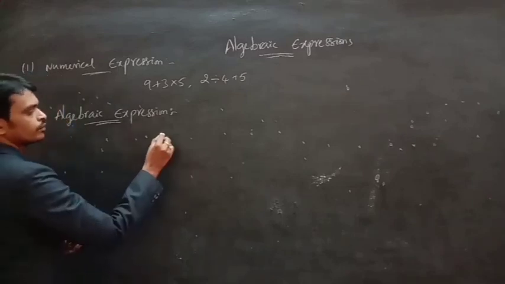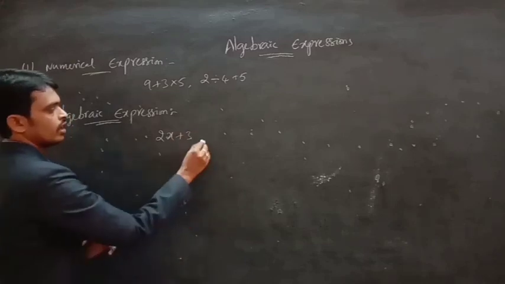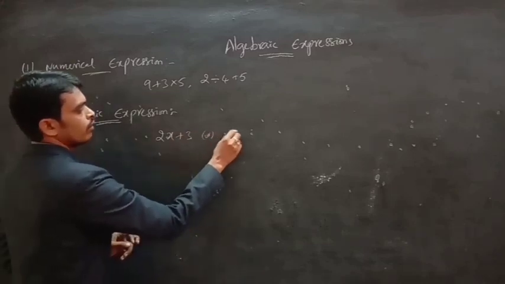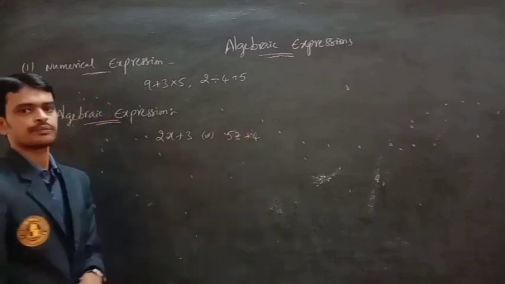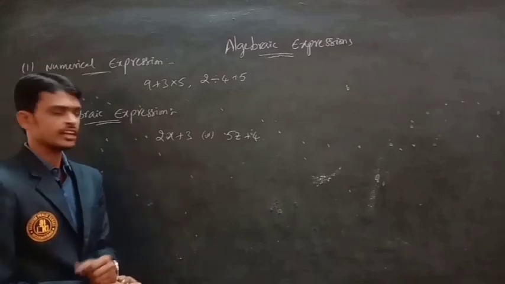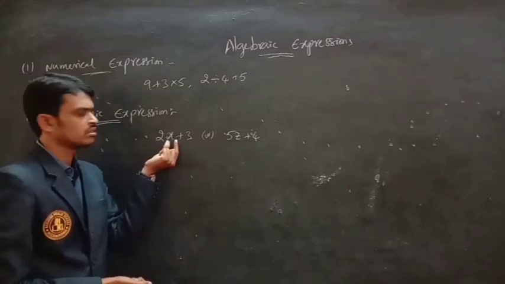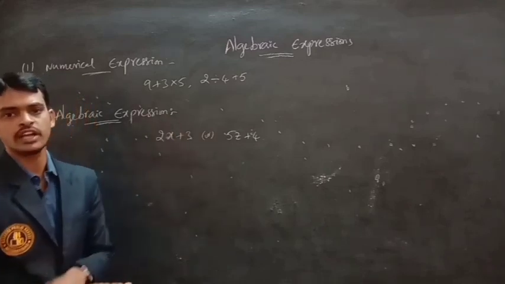For example, 2x plus 3, 5z plus 4. This is an expression. How many variables does it have? At least one variable, then the expression is called an algebraic expression.